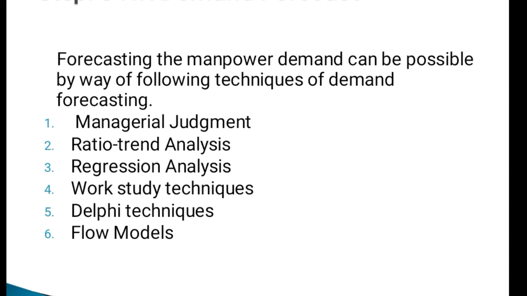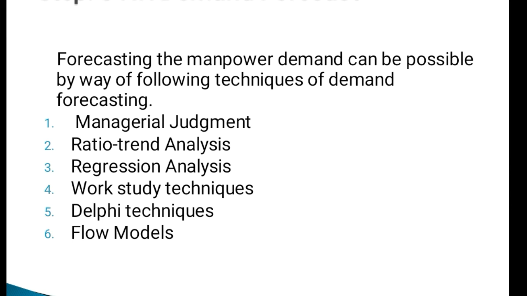First one, managerial judgment. Second one, ratio trend analysis. Third one, regression analysis. Fourth one, work study techniques. Fifth one, Delphi techniques. And sixth one, flow models. So let's discuss all these techniques one by one.